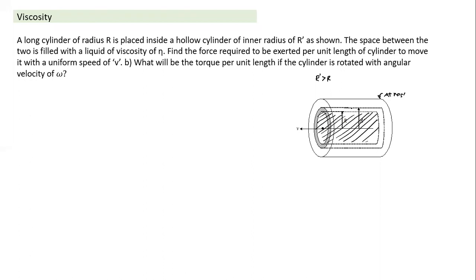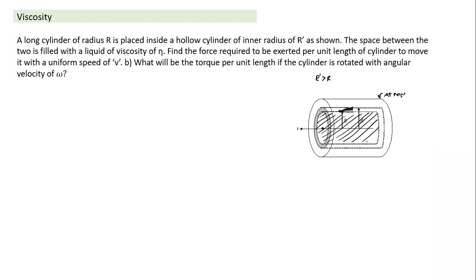If I look at the cross section, the liquid in contact with the outer surface is at rest, and the liquid in contact with the inner cylinder is moving with velocity v, and we assume a linear velocity gradient. The liquid layer in contact with the inner cylinder has velocity v, and the one on the outer cylinder has zero velocity.